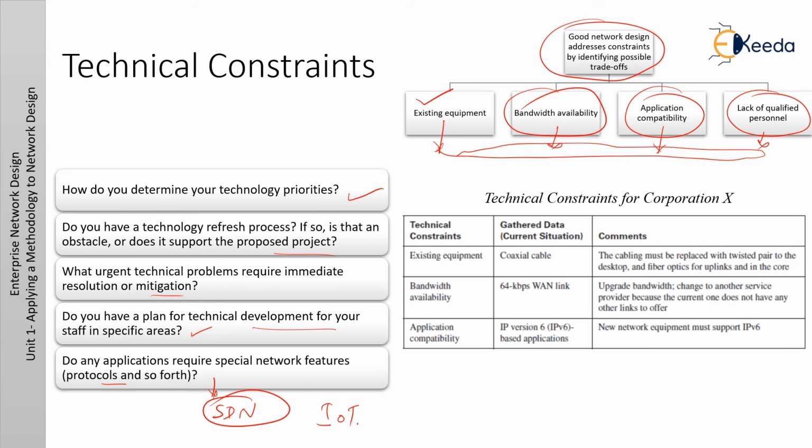So let us see technical constraints for corporation X, existing equipment. Existing equipment is coaxial cable. The cabling must be replaced with twisted pair to the desktop and fiber optic for uplinks in the core.